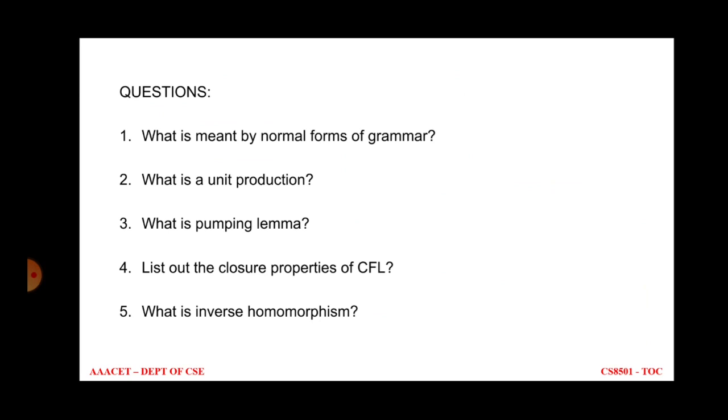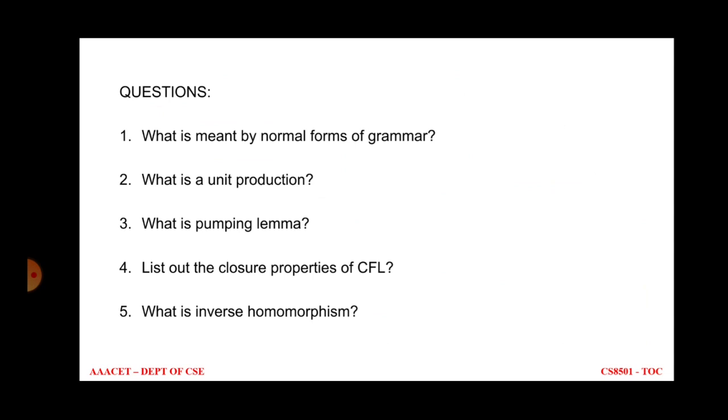So from this, what is meant by normal forms of grammar? We know what is grammar and what is language. When is a language said to be a CFL, and what is the use of normal form? Because every language is generated by some grammar, the grammar should be simplified by using three techniques, that is the form of normal form. What is a unit production?